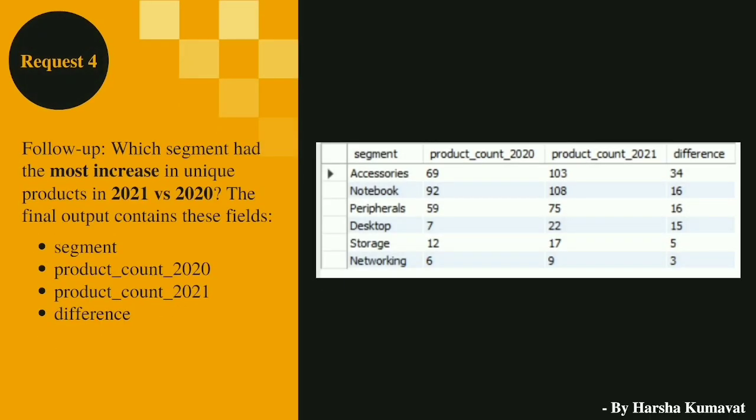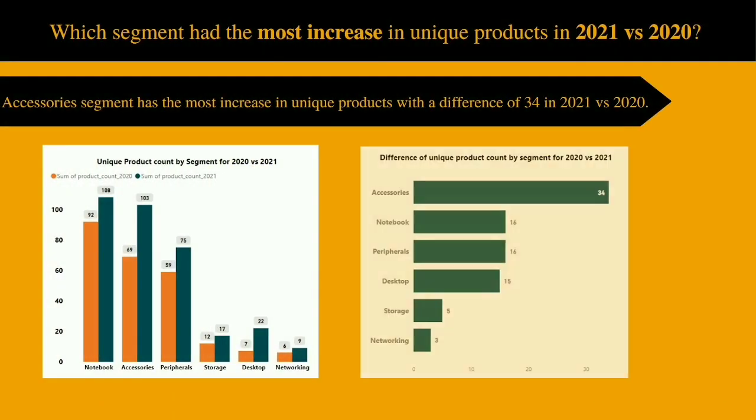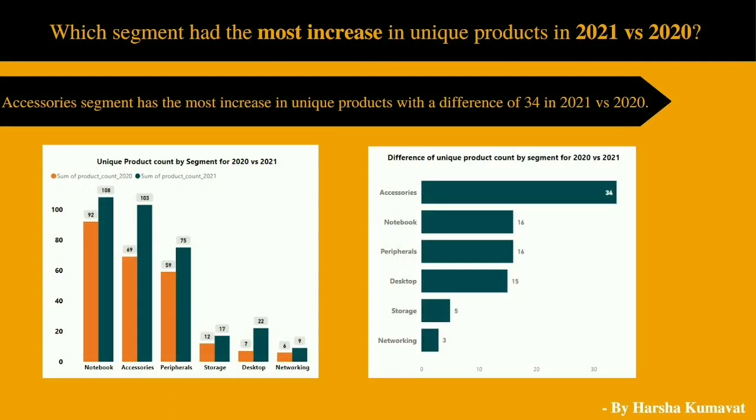Which segment has the most increase in unique products in 2021 versus 2020? Here is the output which we got after running the SQL query. The accessories segment has the most increase in unique products, with a difference of 34 in 2021 versus 2020.